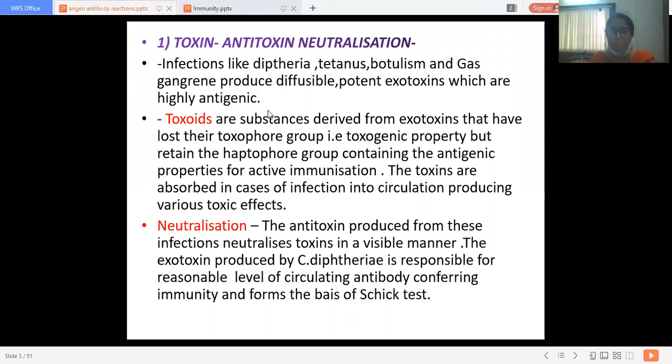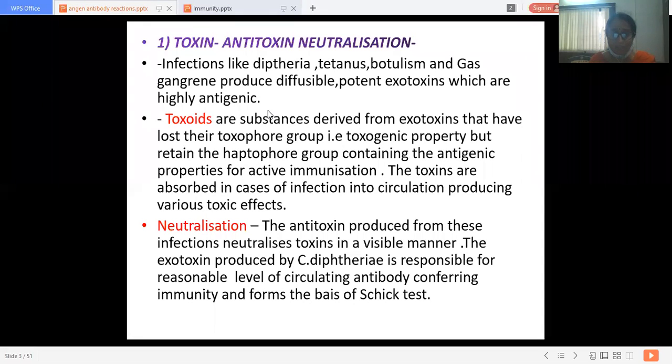Now, what is neutralization? The antitoxin produced from these infections neutralizes these toxins, that is the toxin antitoxin neutralization reaction. So the toxins, the secretions from the bacteria, and the antitoxins produced by our defense mechanism react, and the result is neutralization of toxins.